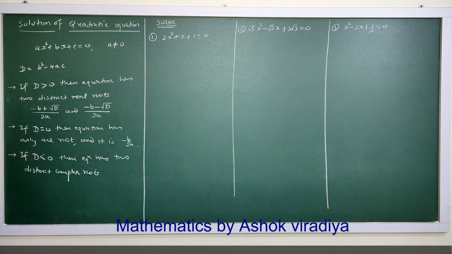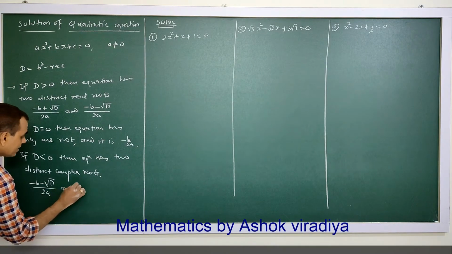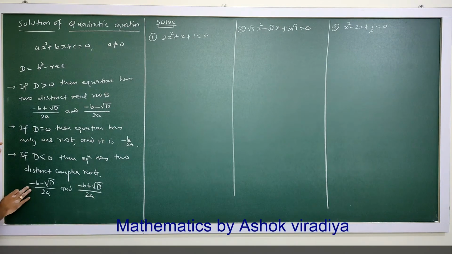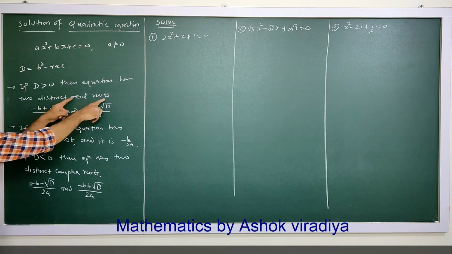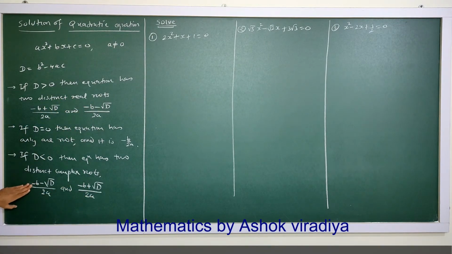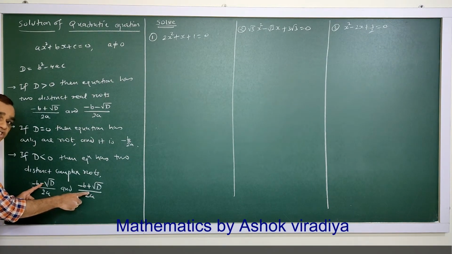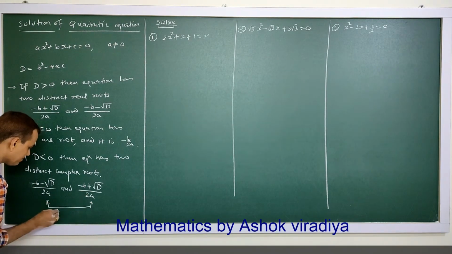So complex roots are (-b - √D)/2a and (-b + √D)/2a. By the same formula which was for real roots, the same formula is for complex roots. And here, these two complex numbers will be conjugates of each other.